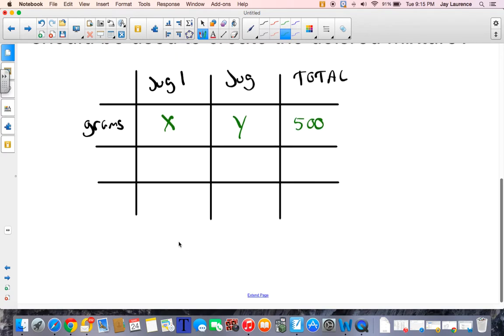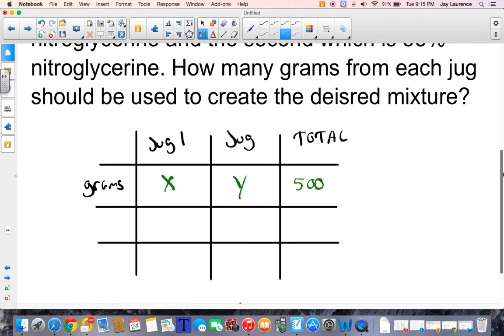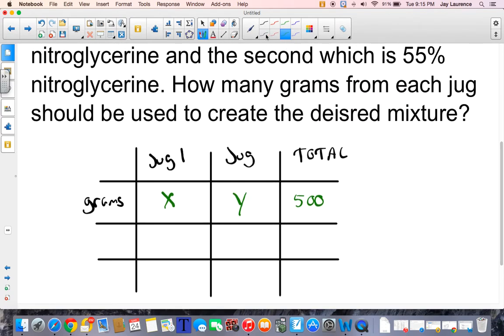So our first equation is x plus y equals 500. All right. Now, we need to know the percentage of nitroglycerin. And I forget, is it N2O2? I think it might be. I'll have to check with Mrs.